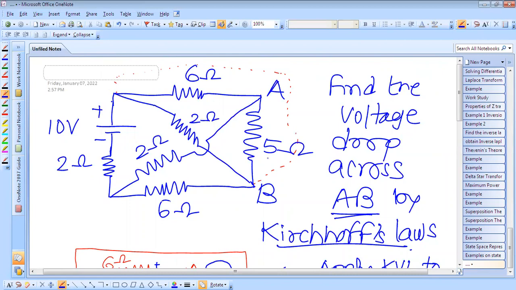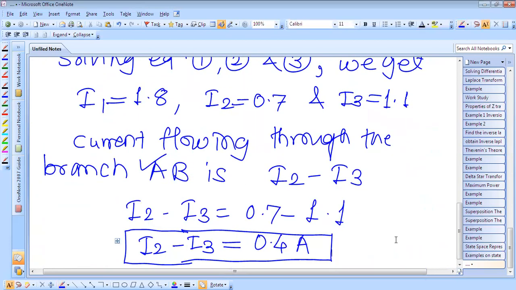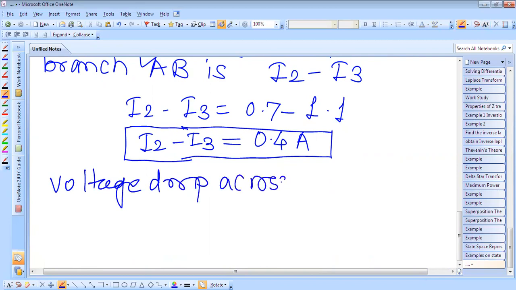How can we find it? The current flowing through this is 0.4, and therefore the voltage drop across AB is 0.4 into 5 ohm, because 5 ohm is the value of the resistance.